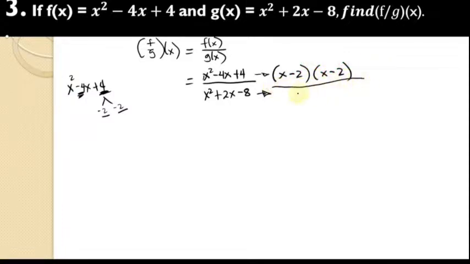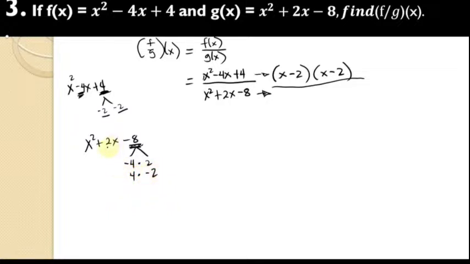Over, how about the denominator? So x squared plus 2x minus 8. Tingnan natin dito, what are the two numbers that if you multiply, the result is negative 8. So that is negative 4 times 2. Positive 4 times negative 2.